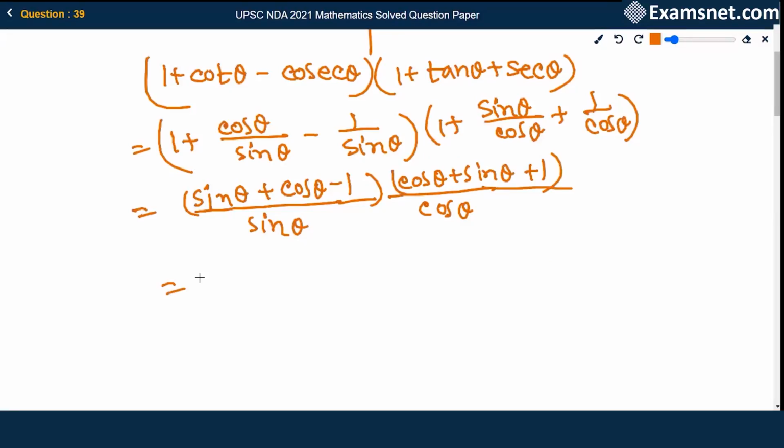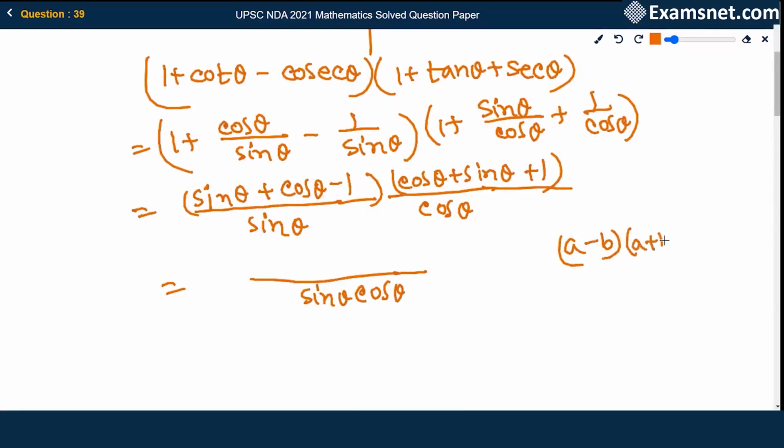Look here, in the denominator we are getting sin theta and cos theta. In the numerator, we have sin theta plus cos theta minus 1 in one term, and in the other term sin theta plus cos theta plus 1. So we can treat them as (A - B)(A + B), comparing A with sin theta plus cos theta and B with 1.